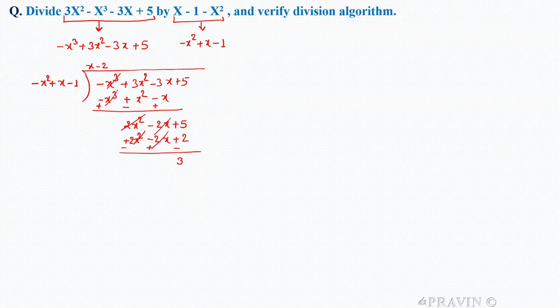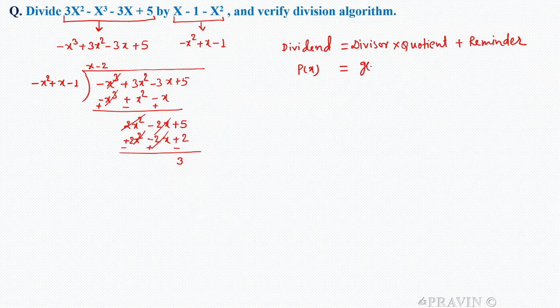Next is to verify the division algorithm. The division algorithm is basically dividend is equal to divisor into quotient plus remainder. And for a polynomial, you can also write it as Px is equal to Gx into Qx plus Rx.